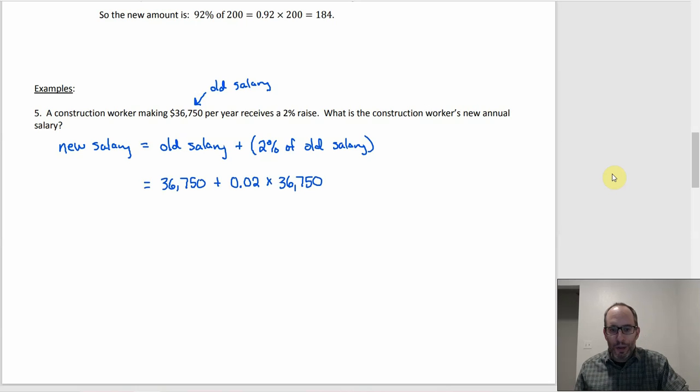And 0.02 times 36,750, since following the order of operations, you would do the multiplication here before you added. So we'd have 36,750 plus what we get for that product, which is 735. And then if you add those together, it's going to be 37,485.